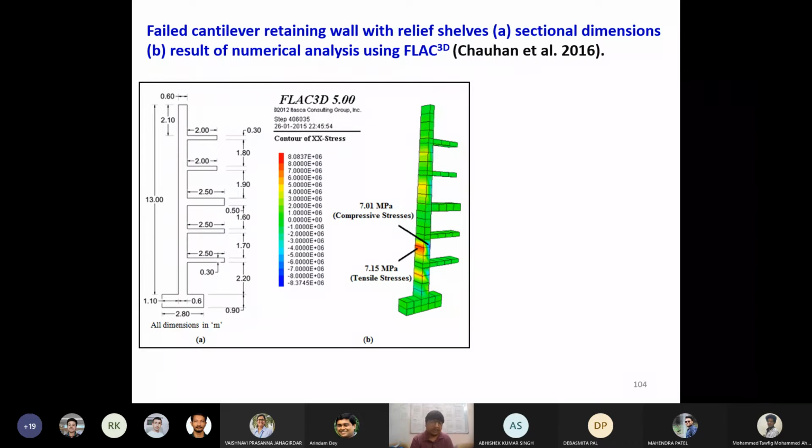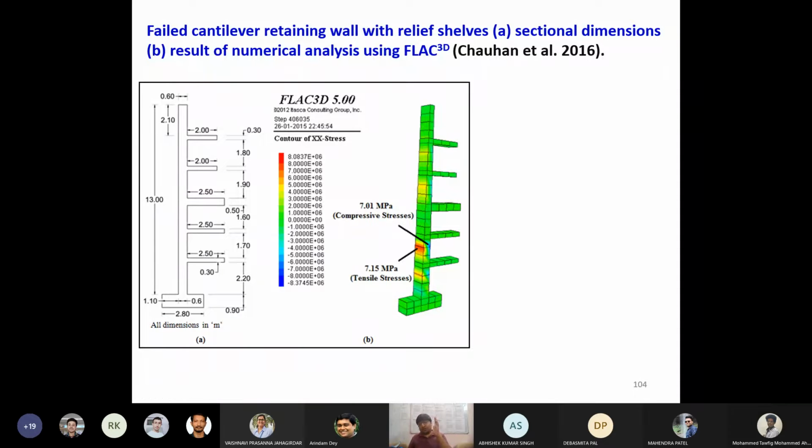Okay, what I have noted is that at this particular section of the wall, below a relief shell, tensile stresses have been generated, and on this section compressive stresses have been generated. Now why is this interesting?